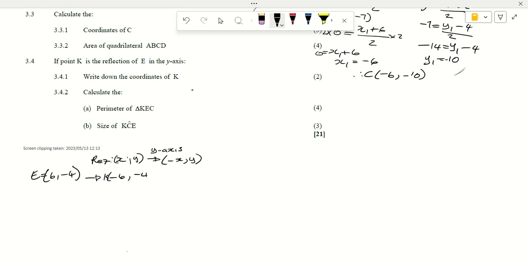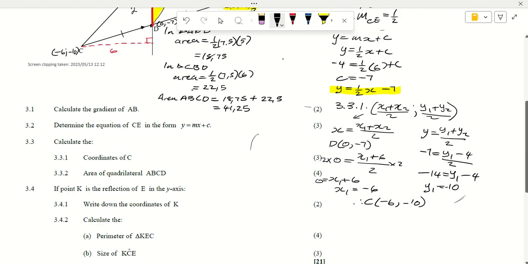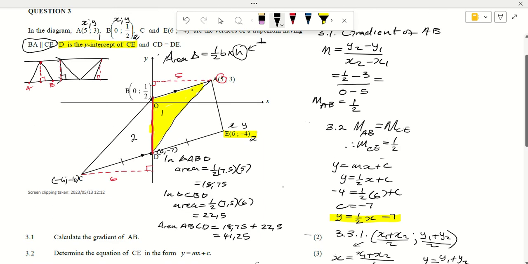So that is K. And if we look at K in our diagram here, let me just draw K in red. We will have K having the same x value as C, which is -6, but being way up there. Maybe K can be somewhere here. So we'll have K here, and then the coordinates of K are what?